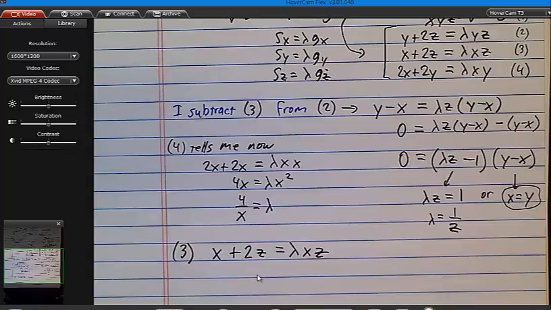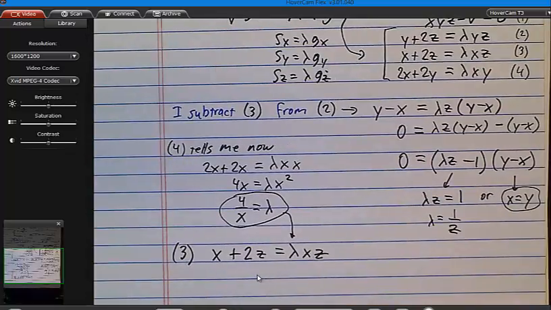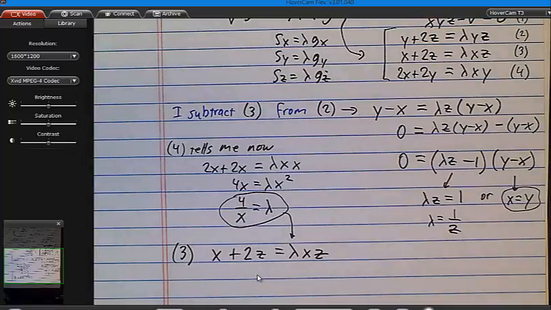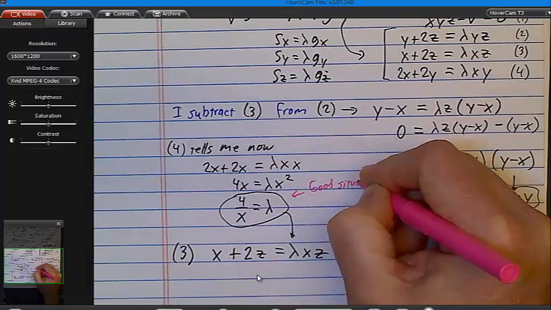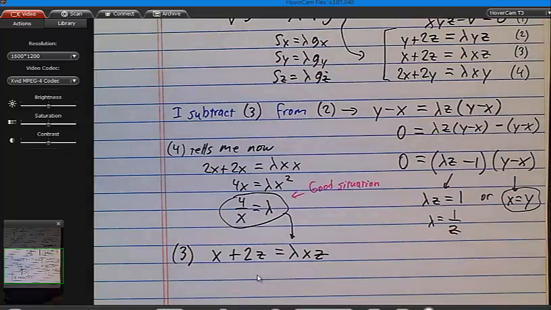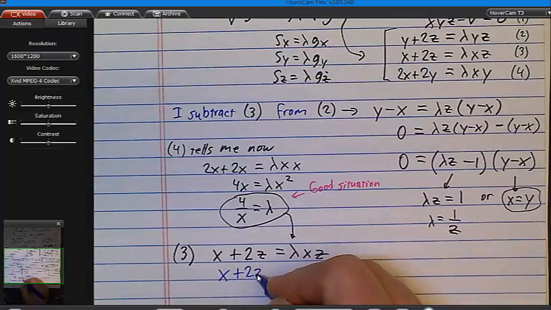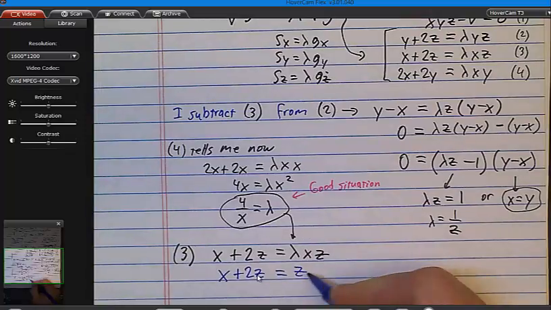Because if I have that, then I can substitute into an equation, and I just get equations that have x's and y's and z's, and that's kind of nice when that happens. I guess my point is, this is a good situation. So as you're doing the algebra and trying to navigate it, it's a good situation when you can eliminate the Lagrange multiplier. Okay? I think from here things should go a little smoother. Let's see. So we have x plus 2z is equal to, now when I shove in the 4 over x there, I just get a z, right?